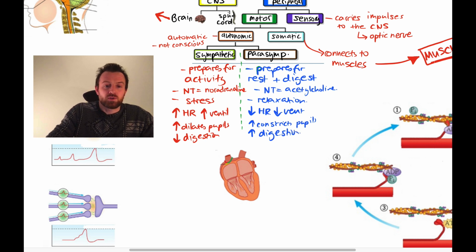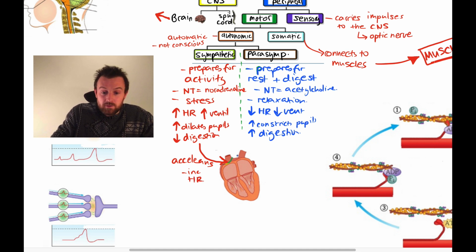Now, two examples of the nerves that you need to know. The sympathetic nerve that controls the heart rate is called the accelerans nerve, the one that increases heart rate.